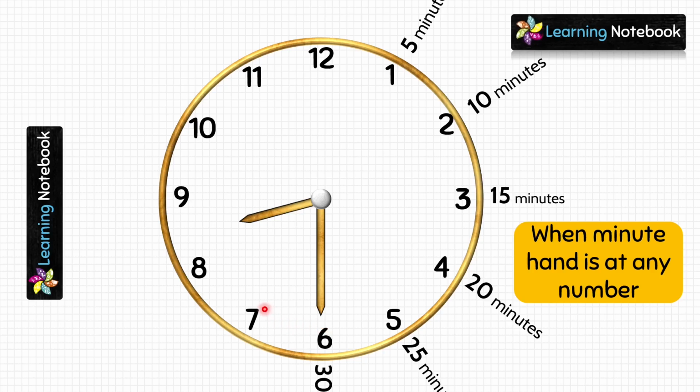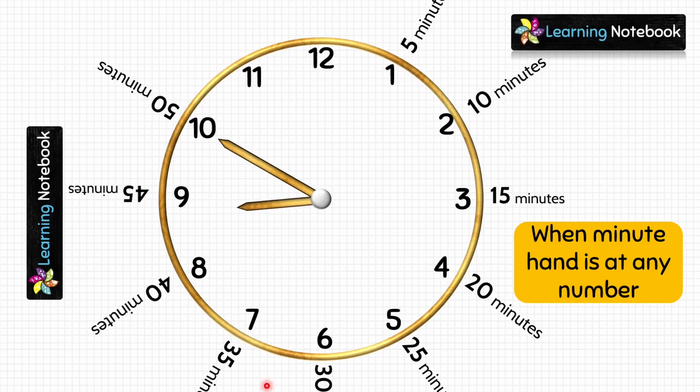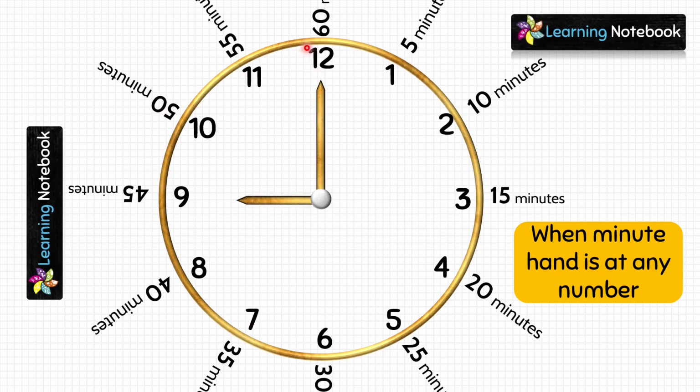To 7 it is 35 minutes. To 8 it is 40 minutes, and so on, till it moves to 12 when 60 minutes have passed. So students, you can easily learn this as it is the table of 5.